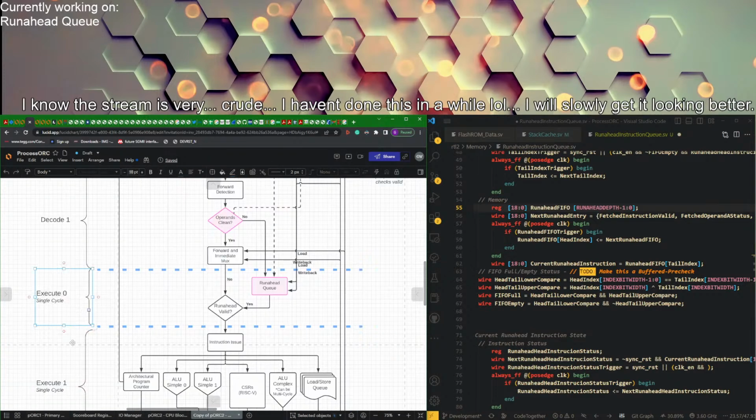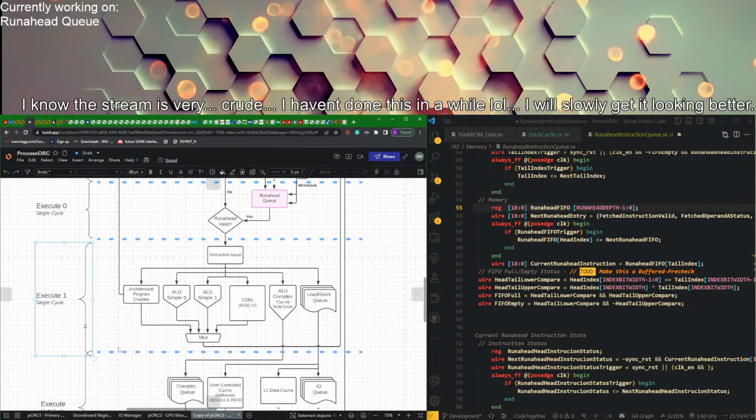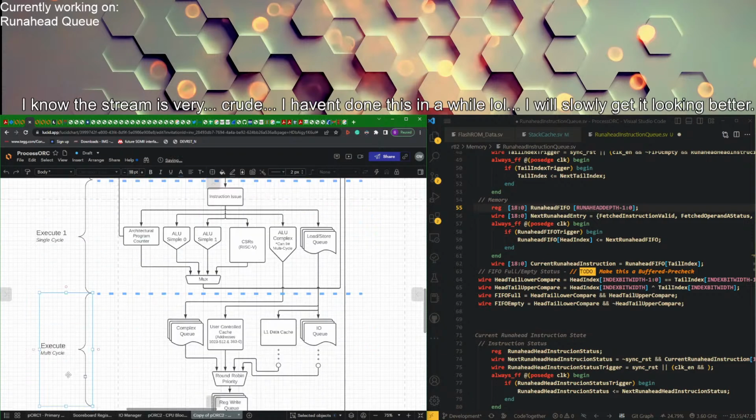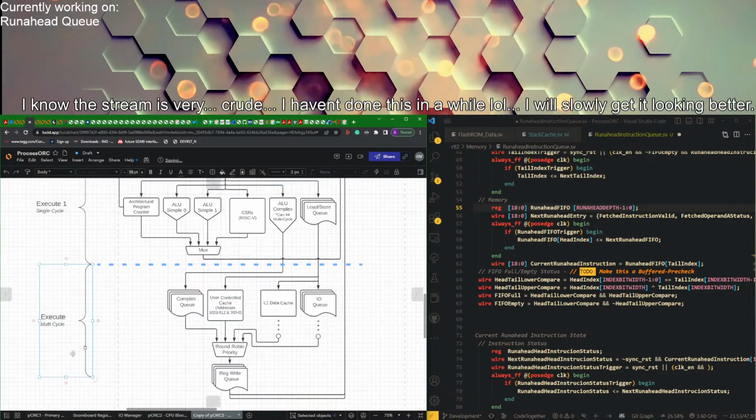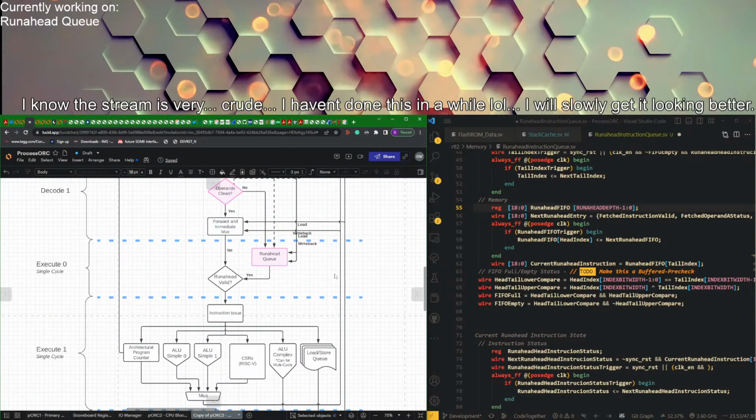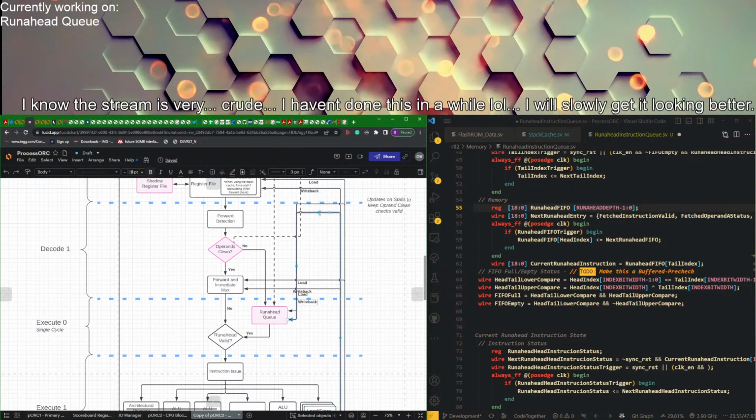Getting the CPU made in SystemVerilog and then creating a way of comparing its results to the emulator, like automating that too. Yeah, write the files to dump your emulated output to VCD.